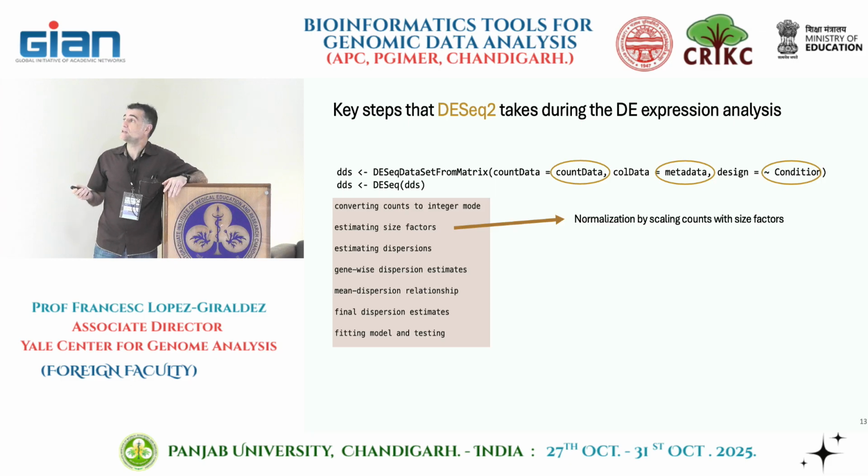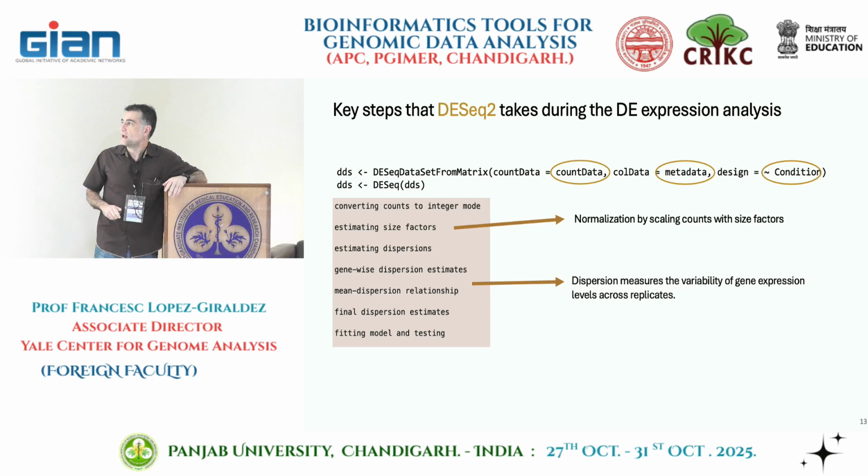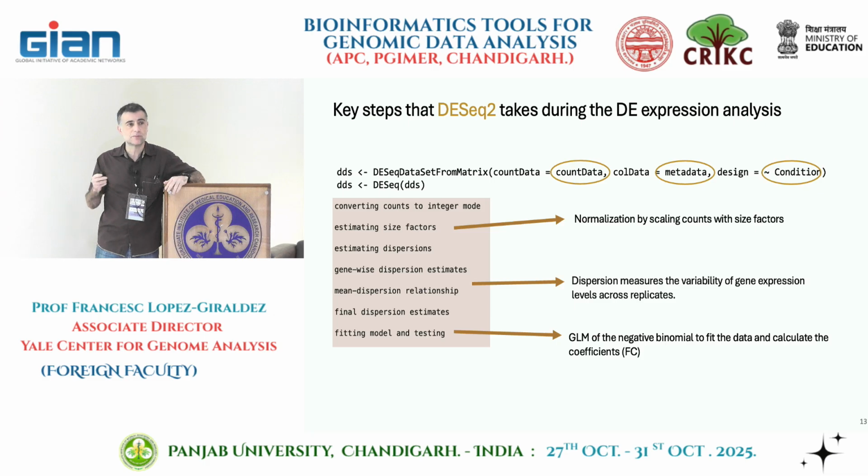And the normalization in DESeq2 is by scaling the counts with a size factor, meaning we're going to divide every count that we have in our data matrix by a size factor per sample. It estimates the dispersion of the data, meaning how much noise you have and how much signal comes from the replicates. And then we're going to use the generalized linear models to calculate the fit to the data and calculate the fold changes.